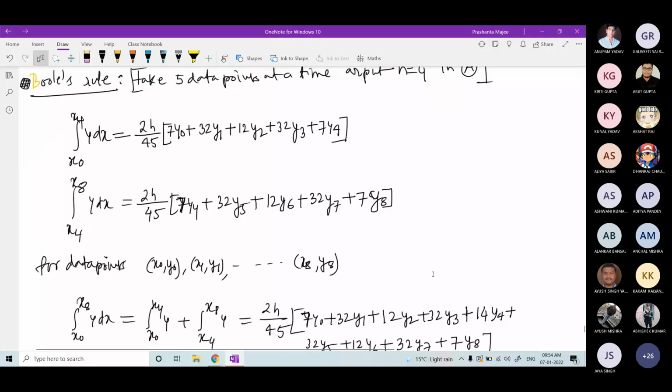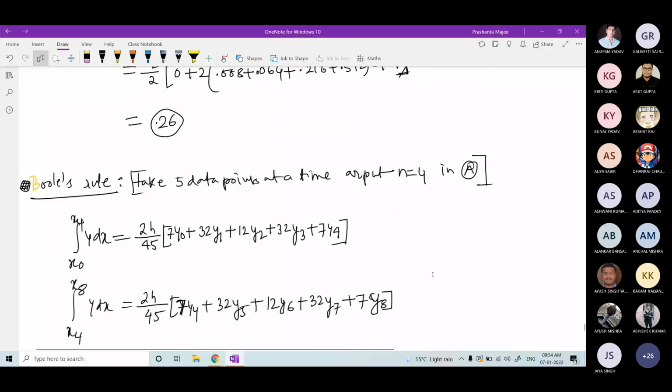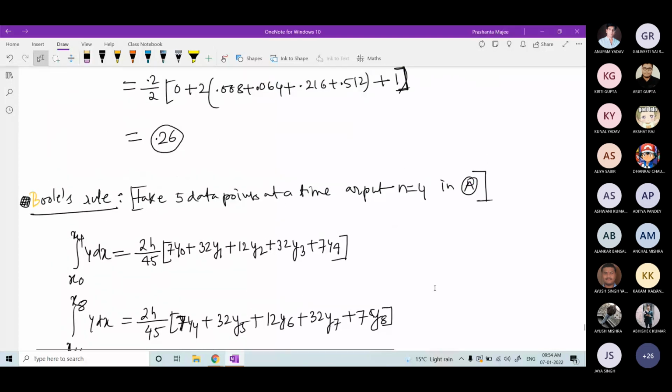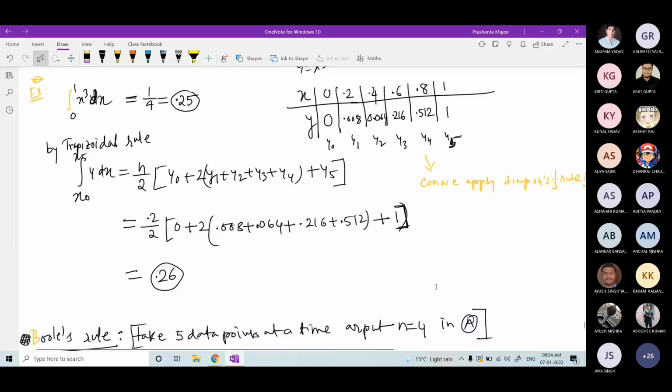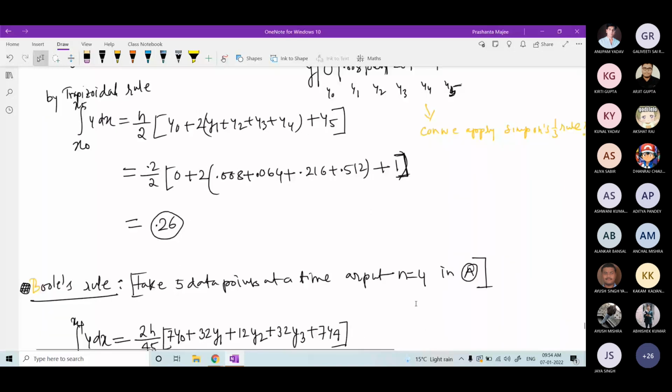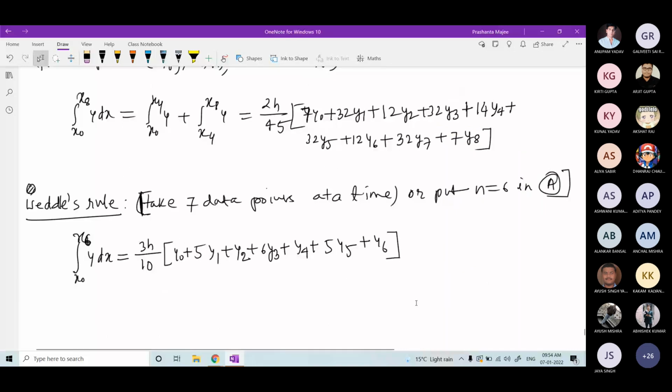That is why those two results are used most of the time in numerical computation. The trapezoidal rule is very easy to remember, and so is Simpson's 1/3 rule. But you should know there are a few more results: Simpson's 3/8 rule, Boole's rule, Weddle's rule. Is it okay?